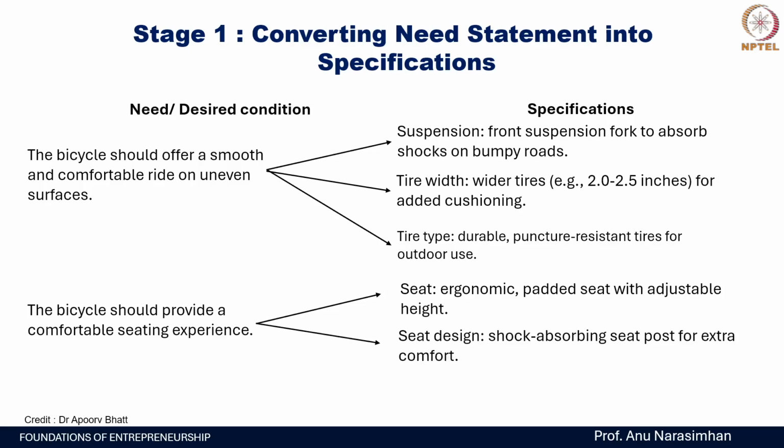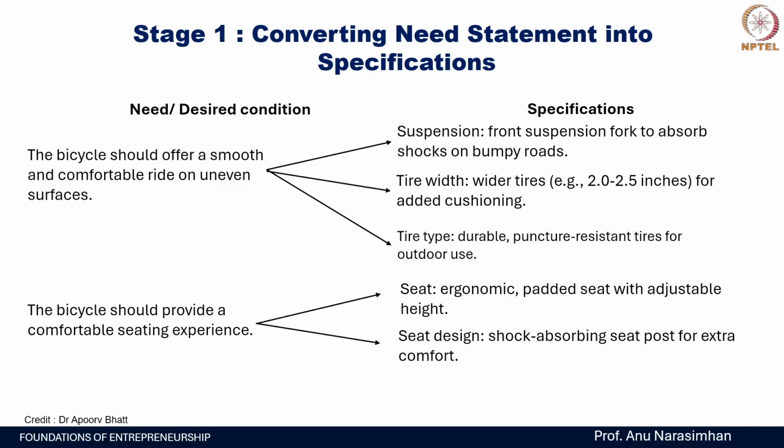Seat designing, it should have a shock absorbing seat which allows for extra comfort. So, again, an example of how a user's need or current problem gets converted into a specification by the product designer.